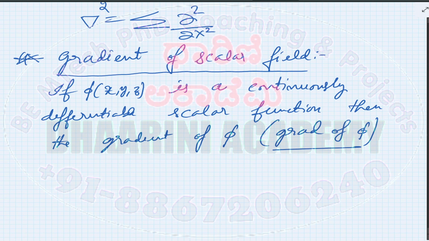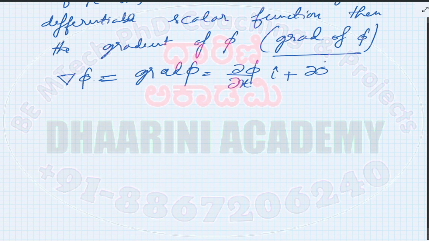This has to be dou phi by dou x into i cap plus dou phi by dou y into j cap plus dou phi by dou z into k cap. Okay, since you are differentiating and multiplying by i, j and k with the respective axis, the result, grad phi or del phi, is a vector quantity.